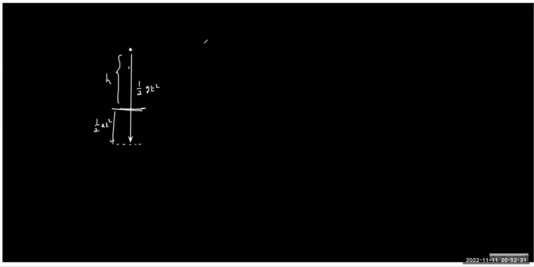So we can write h plus half a t square equals half g t square. So h will be half into g minus a, times t square. So t will be root of 2h upon g minus a.